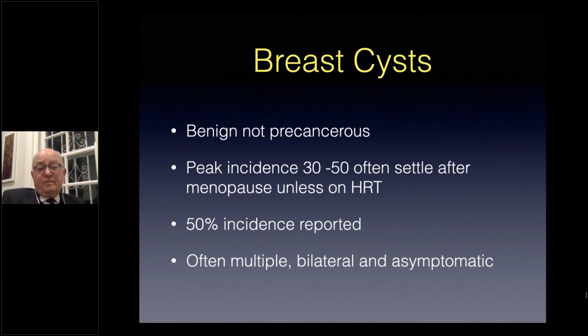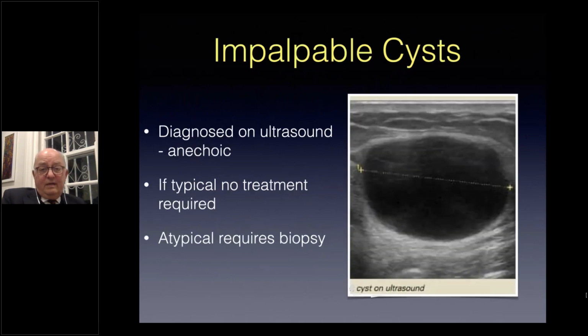And 50% of women are reported to have cysts at some time in their life. They're often multiple, they're often bilateral, and they're often asymptomatic. So if we look at impalpable cysts first, they're always diagnosed, obviously, on ultrasound or possibly on mammography, and they're anechoic.